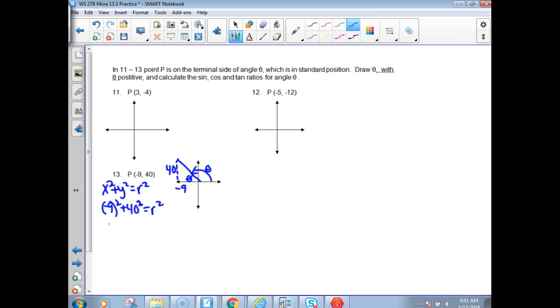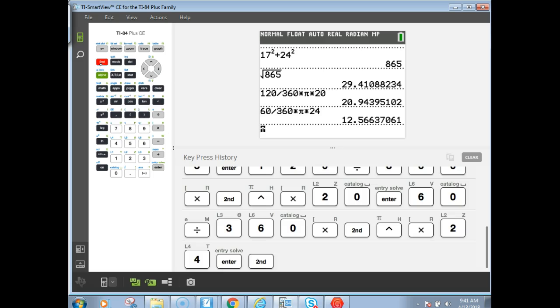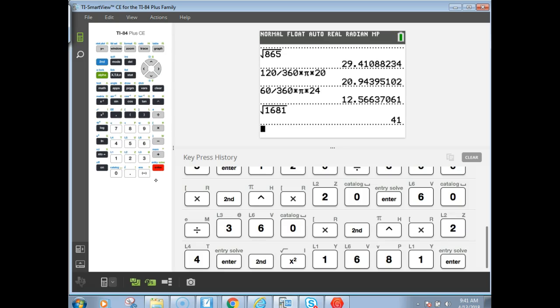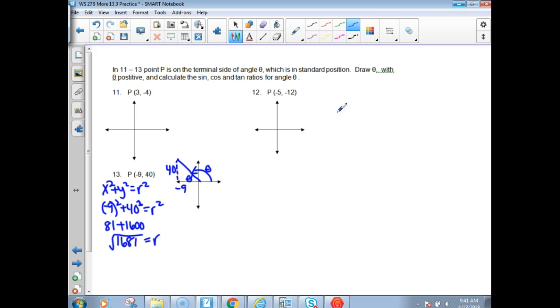So let's see, 81 plus 1600. I've got to take the square root of 1681. It comes out to 41.